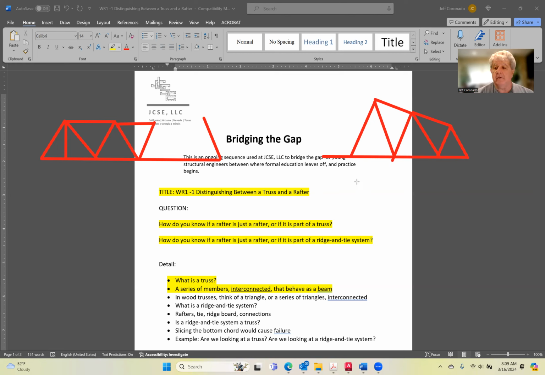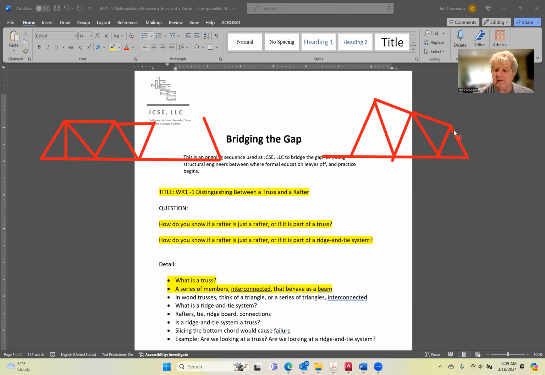In reality, the top chord, and remember some of this terminology we've already covered in other Bridging the Gap sessions, but the top chord, bottom chord of a truss, we can take a lot of liberty in how we shape that, the profile that we want, right? So we don't have to be constrained to, for instance, a flat surface on the top.